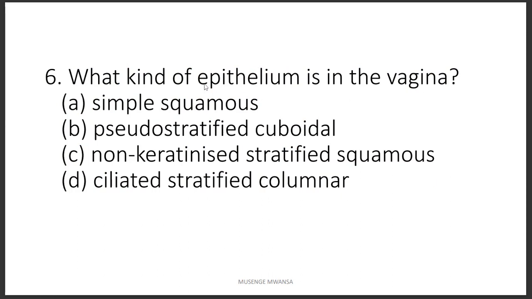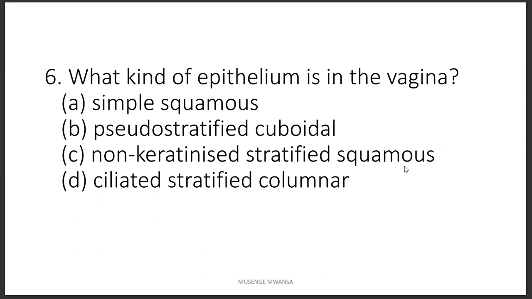What kind of epithelium is in the vagina? Simple squamous, pseudostratified cuboidal, non-keratinized stratified squamous, ciliated stratified columnar. Now remember what we said? In the vagina, the kind of epithelium there is supposed to be squamous.